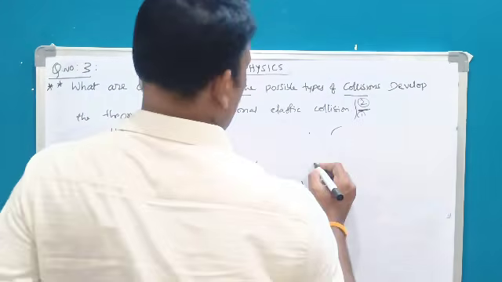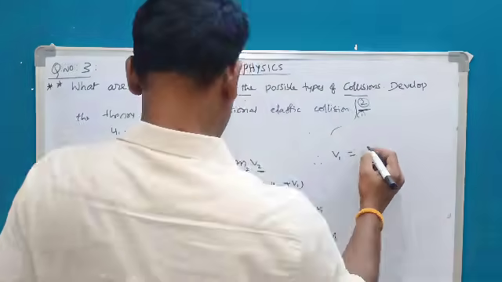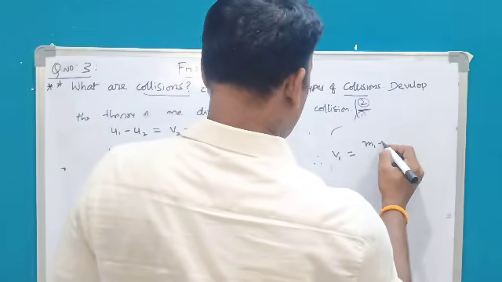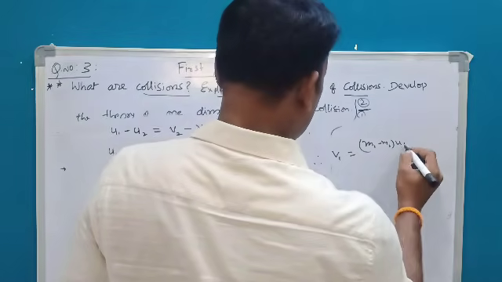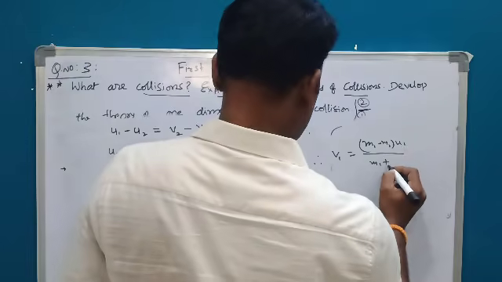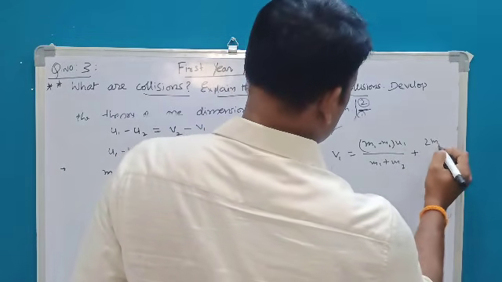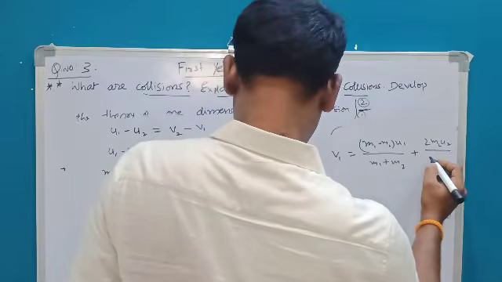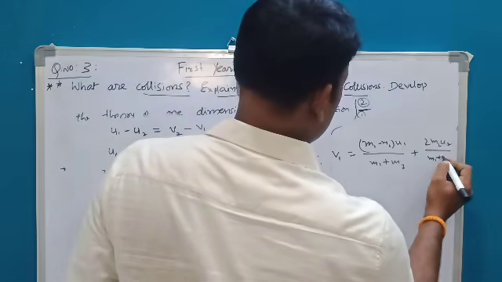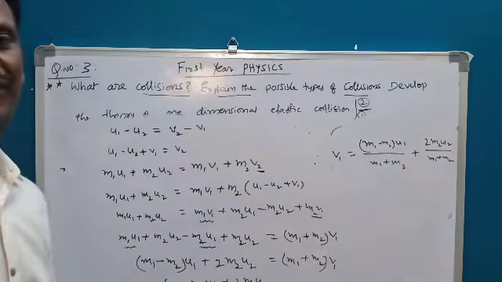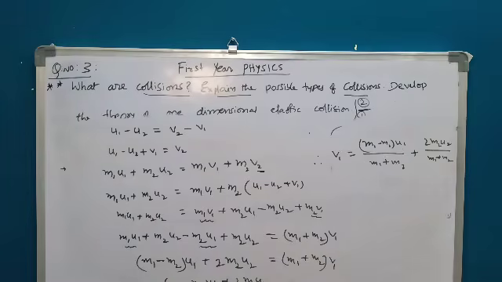Therefore v1 is equal to, separating it, m1 minus m2 times u1 by m1 plus m2, plus 2 m2 u2 by m1 plus m2. This is how you will find the value of v1.